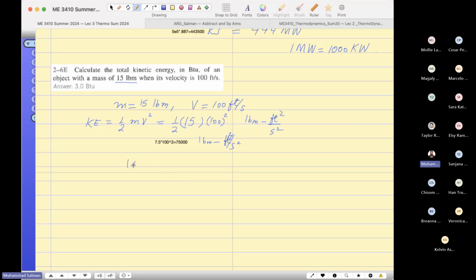And there's a formula for 1 BTU per pound mass equals 25037 feet square per second square. So you will divide it by 25,000.